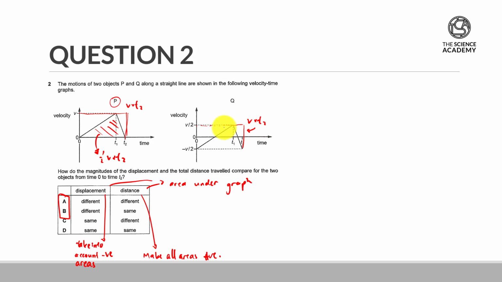Now, however, you can see that this triangle over here, I can flip it up and then place it in this region. And then added to this actual triangle over here, we have 1/4 of this rectangle.